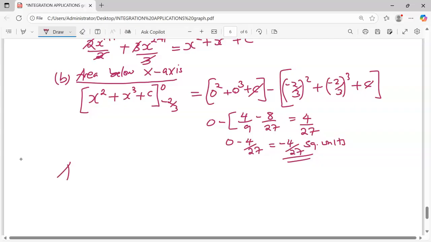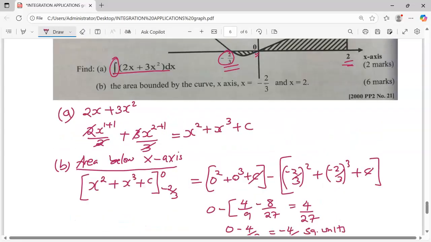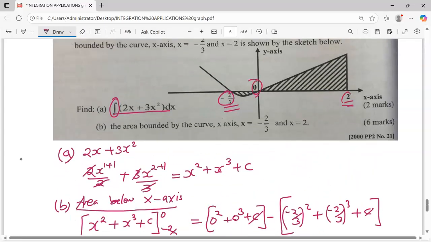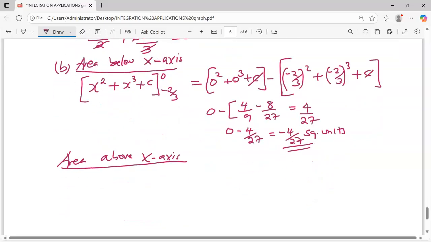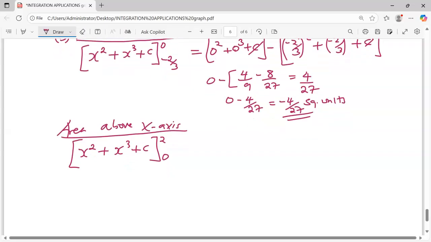And now we move and get the area above the x-axis. The area above the x-axis is between x is equal to 0 and x is equal to 2. And therefore, again, we are going to pick x squared plus x cubed plus c, which is our integral expression. Then we insert the limits.